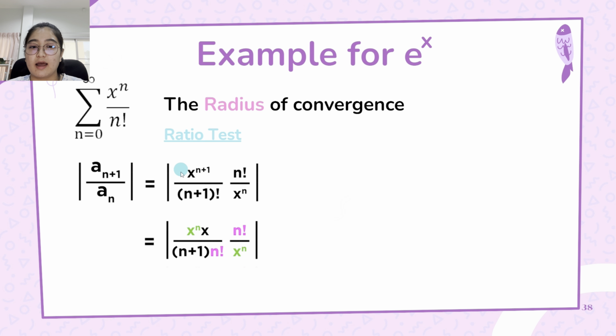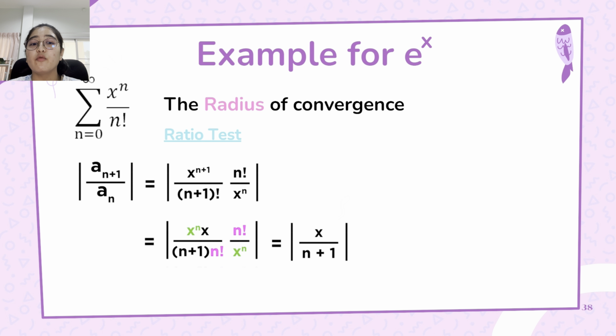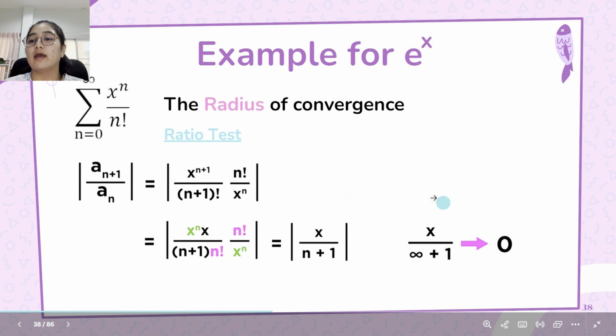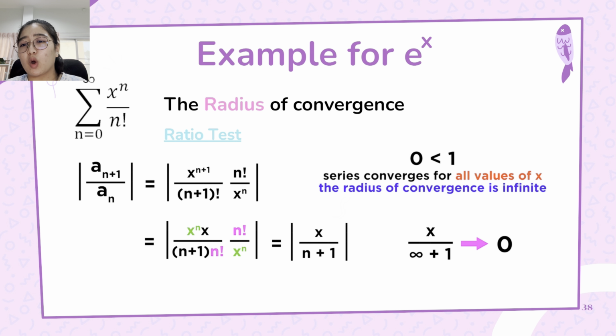We expand x to the power n plus 1 into x to the power n multiplied by x to the power 1, and we cancel all the same variables, so we are left with the absolute value of x divided by n plus 1. We know from the summation that n goes to infinity, so it will be x divided by infinity plus 1, which is 0, so 0 is less than 1.